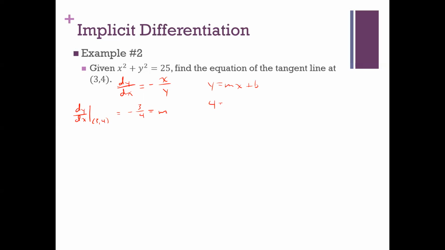So y is equal to negative 3/4 times x plus b. The x value is 3 and the y value is 4. That makes b equal to 4 plus 9 over 4. That's good.